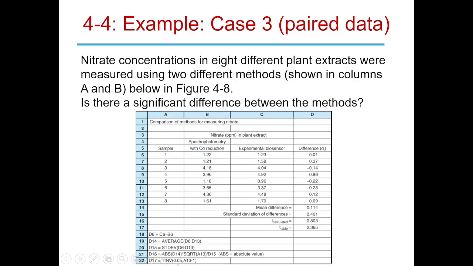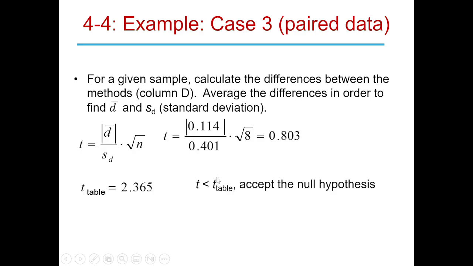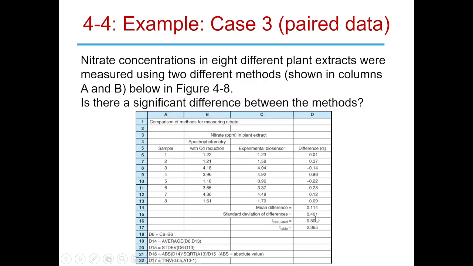If you're smart, what you'll do here is you'll actually write an if-then statement down here, and you'll have this change colors. If this is larger than this, it changes into a green or red, whatever color you want, and it would say null, right? So t less than t table would accept the null hypothesis, and that's how I always write these.